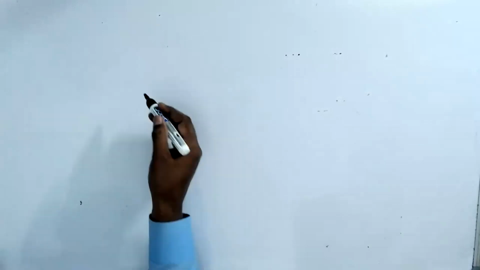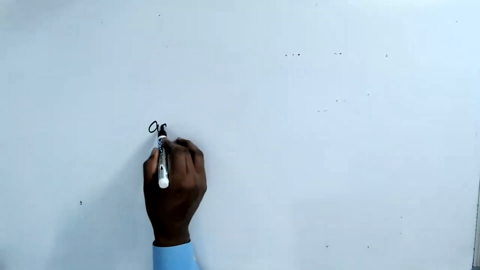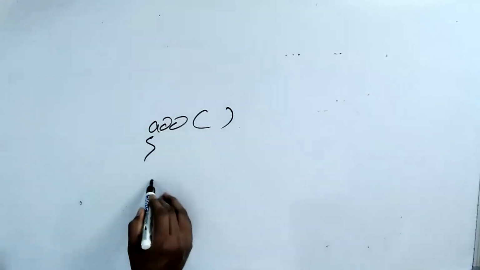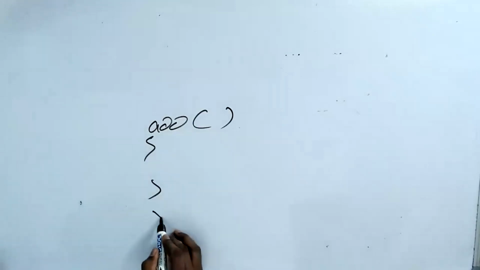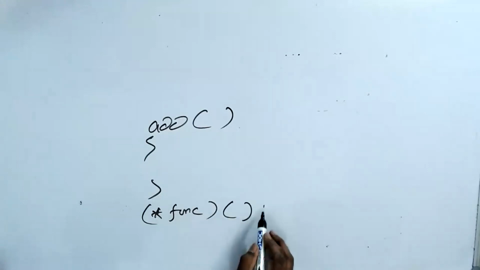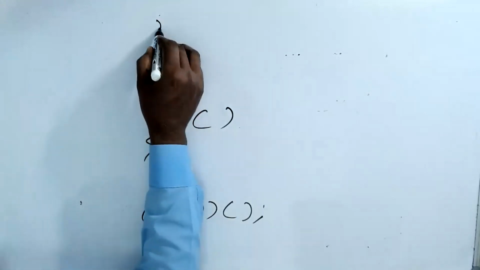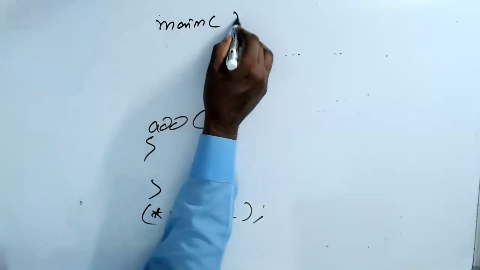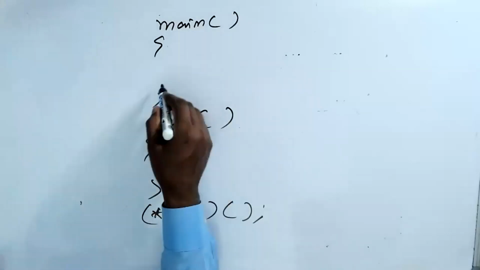So let's say I write a small function, assume it adds something. I have a function, and you put a star function. Now I write a function main. Next week when we have a class, I'll explain this and do it live.